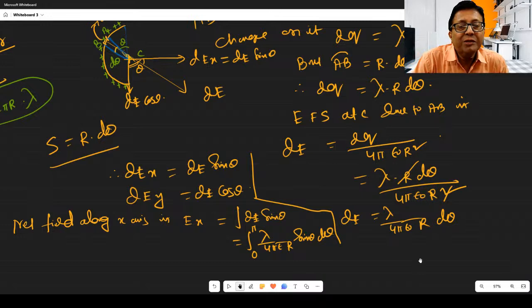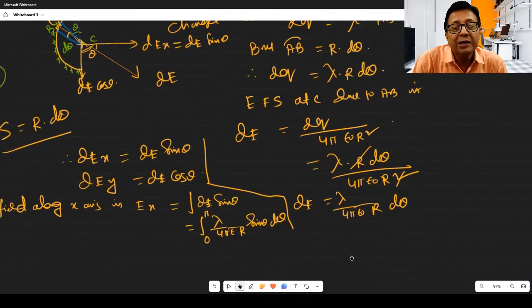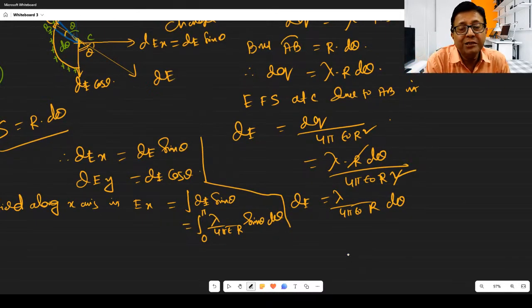Wait, let me complete first. Okay, let us finish it. Limit of integration I have given. Let us complete net field along x-axis. What is integration of sin theta?